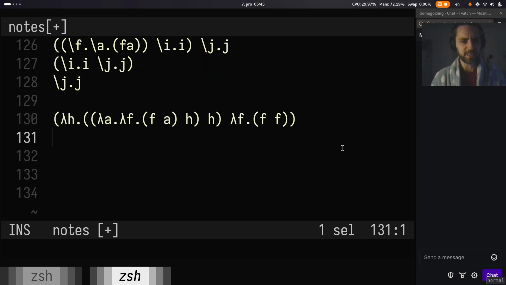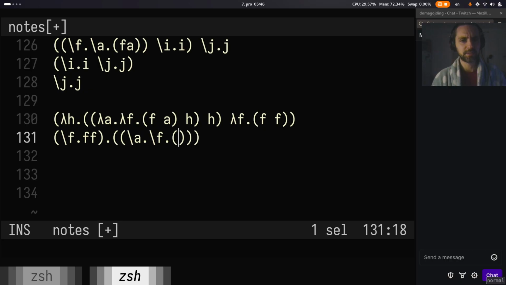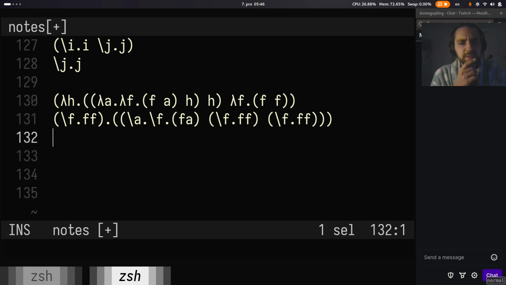Well, if we do that, we're going to get lambda f dot ff, lambda a dot lambda f dot fa, h is lambda f dot ff, and then another h, lambda f dot ff. I just substituted it. But now what do I do?